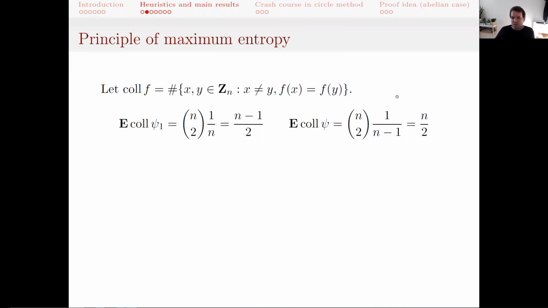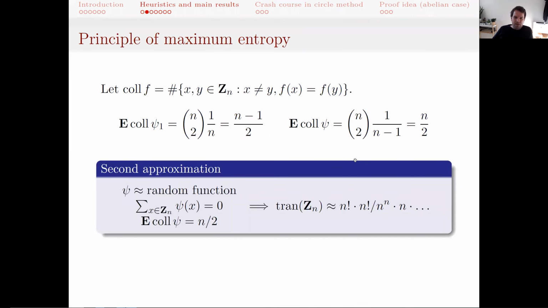And now the question arises, how can we incorporate this new information into our model? So now we are interested in a good model for a random function which satisfies the condition that the sum of its values is equal to 0, and which also has this correct expected number of collisions.